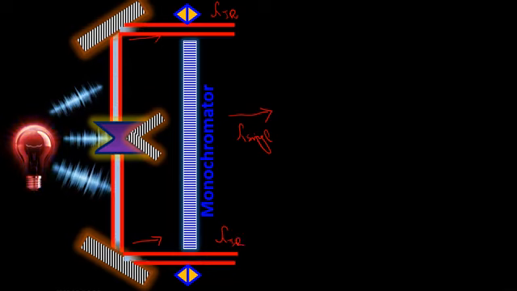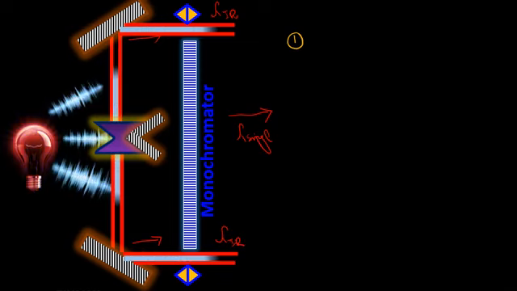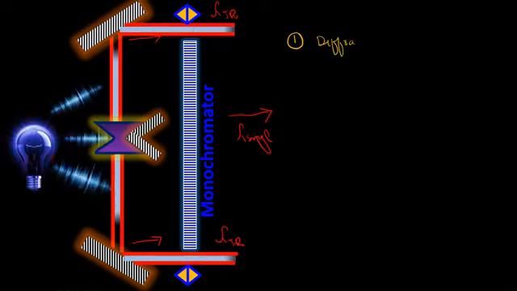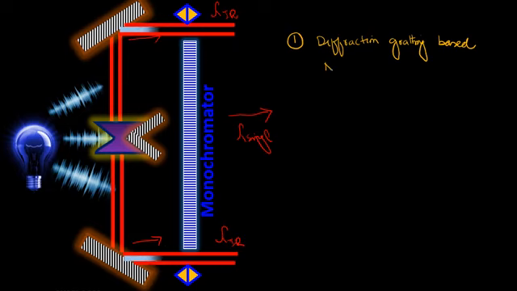There are different types of monochromator used in IR spectroscopy. One of the most common types of monochromator used in IR spectroscopy is known as the diffraction grating based monochromator.